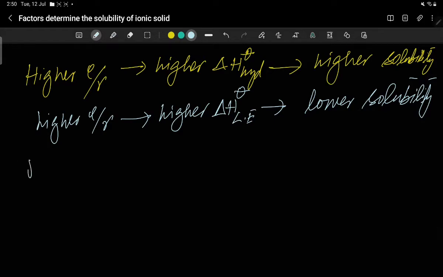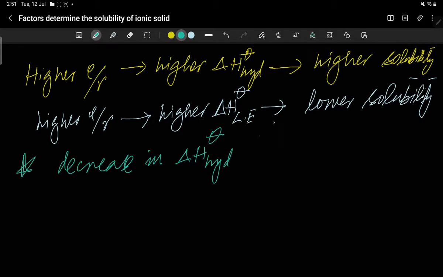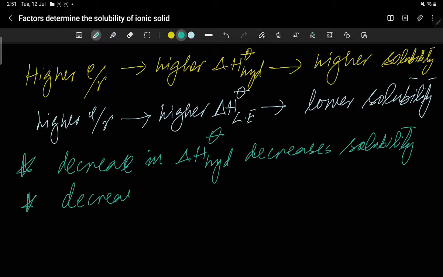So it means a decrease in enthalpy change of hydration decreases solubility, and a decrease in lattice energy increases the solubility.